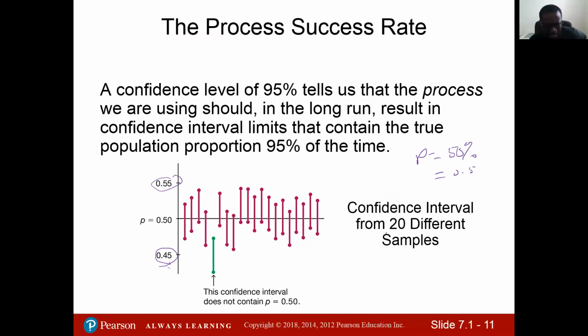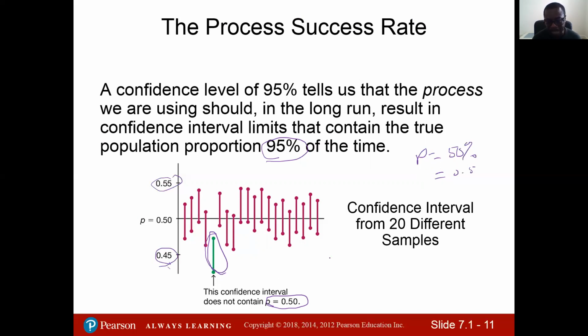So now, if we read 20 different samples and compute it, for a 95% confidence interval, it means that 95% of the samples will contain the true value of the proportion, the parameter, within that interval, 0.45 and 0.55. As you can see, out of the 20, there's only one of them, this one, that didn't contain the 50%, which is the true value.